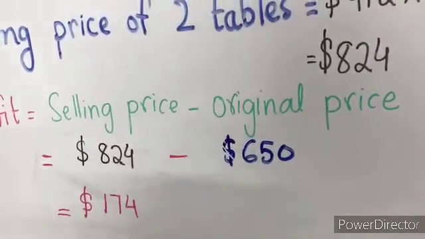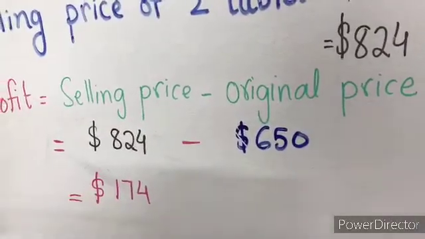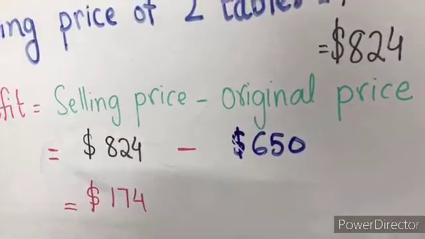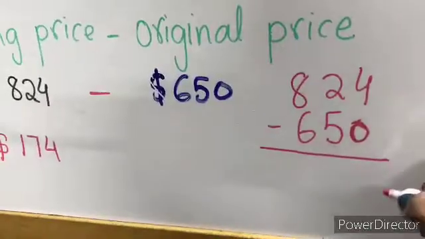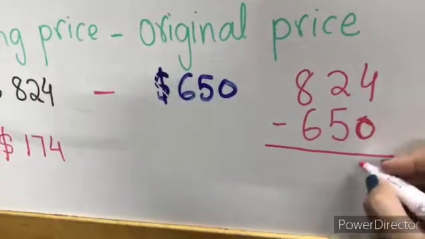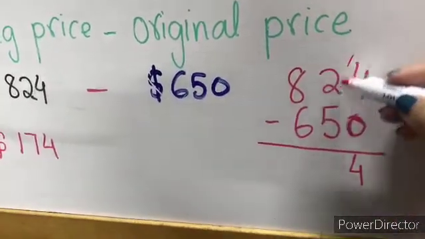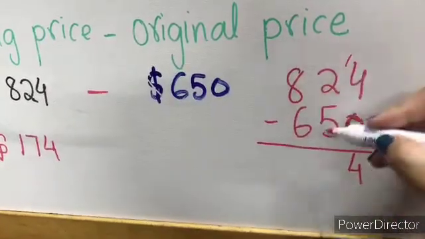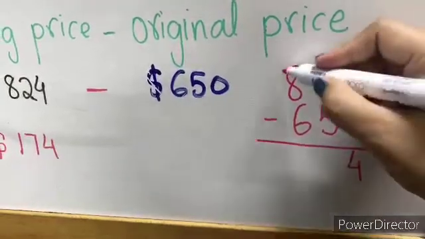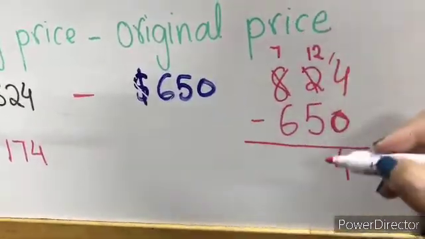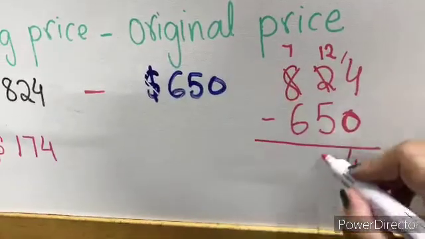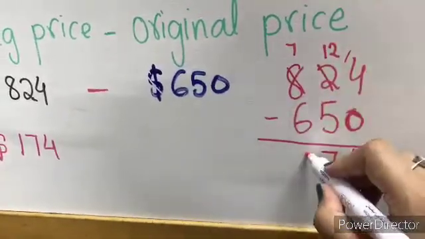Very easy. You just need to do one thing. As I told you, you have to take care of the place values every time. See, ones should come under ones, like 4 minus 0, it will be 4. Now tens should come under tens, it's 2 minus 5. I cannot do that, so I will borrow, and it becomes 12. 12 minus 5 becomes 7. 7 minus 6, 1.